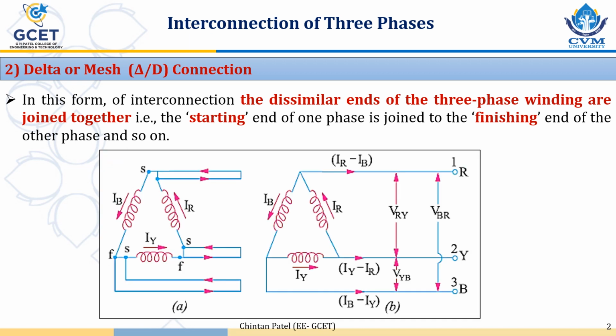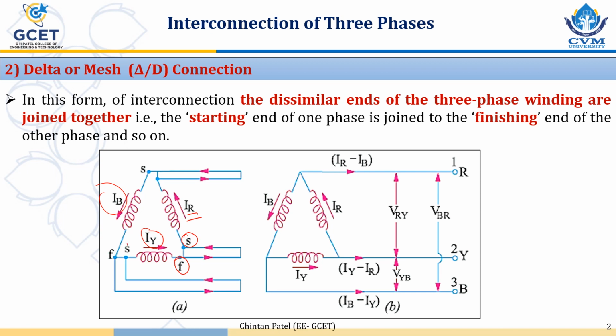So in figure A, you can see the delta connection in which the R phase, Y phase and B phase are connected with each other. The starting end of R phase is connected with the finishing end of Y phase.